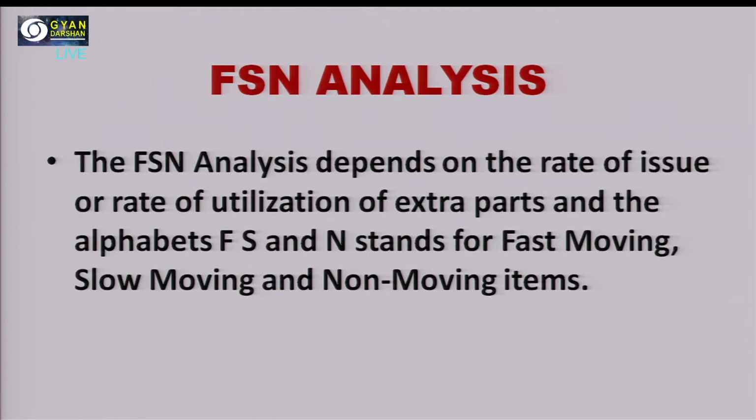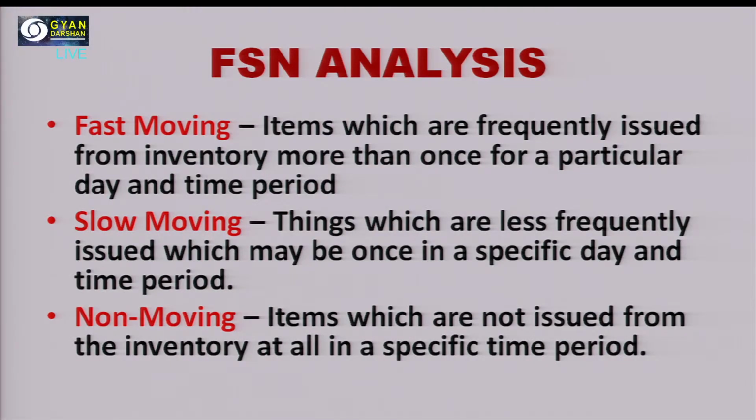Another control technique is FSN analysis, where F stands for fast moving, S stands for slow moving, and N stands for non moving. Which items are fast moving, which are slow moving, and which are not moving? If you recall your recent visit to any company, you will find several items which are fast moving.